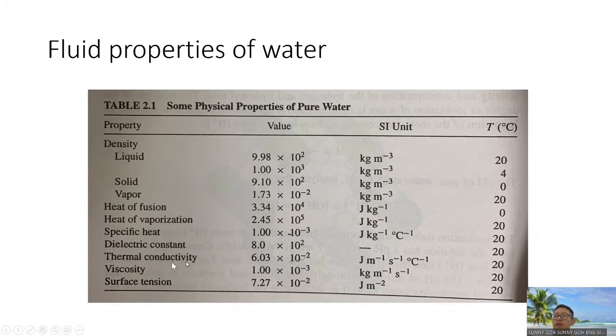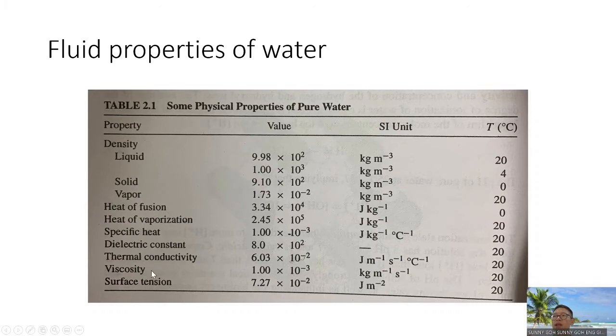And thermal conductivity is referring to how easily the substance allows heat to flow through it. So in this case, the substance that we're referring to is pure water. This case is for 20 degrees Celsius. So we have around 6.03 multiplied by 10 to the power -2 joule per meter per second per degree Celsius.